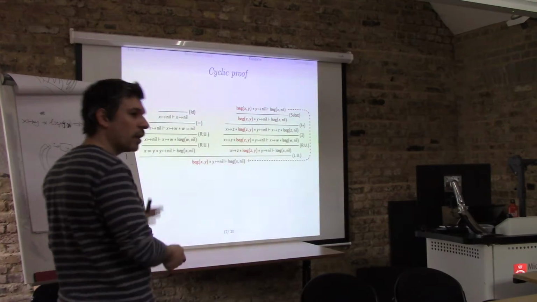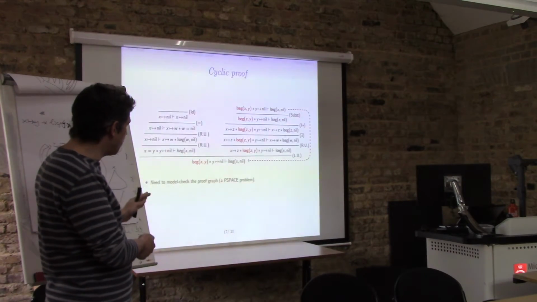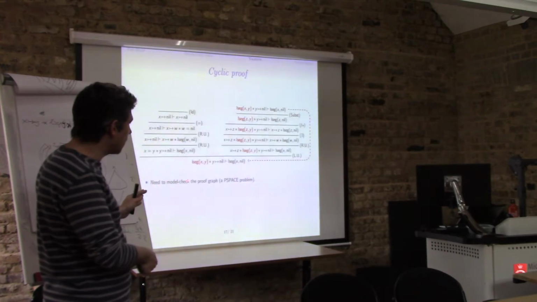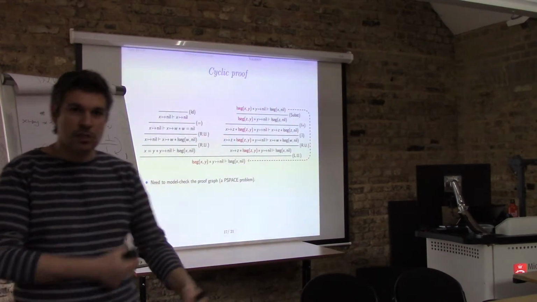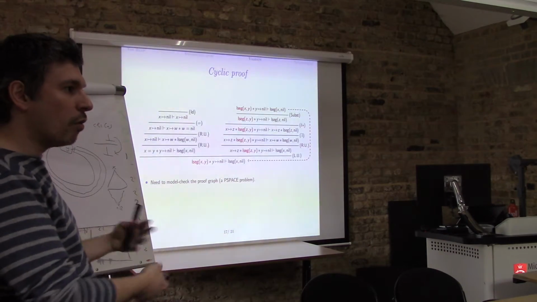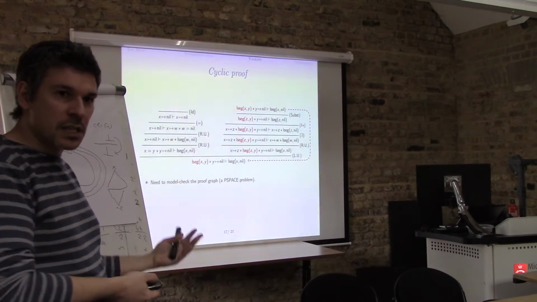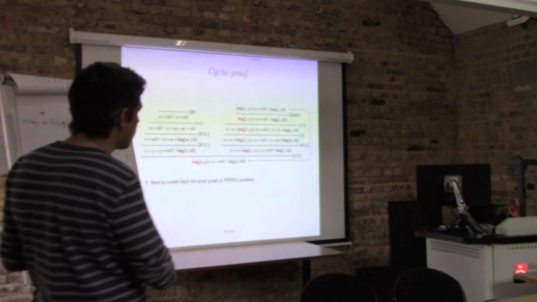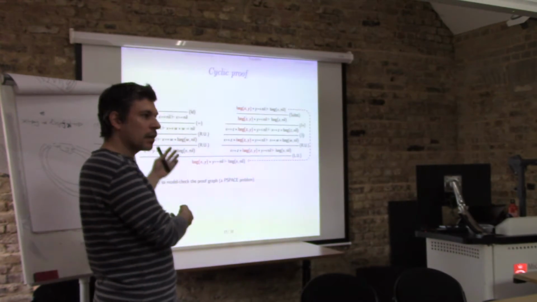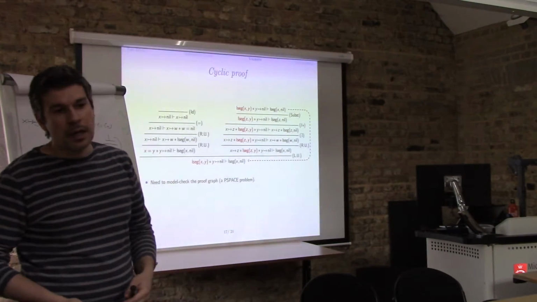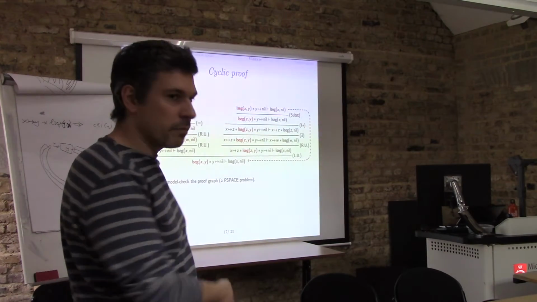Okay? I don't want to dwell too much on this. The model checking is an extra process, showing that these traces exist, showing that these weaknesses of soundness exist. It has to happen on this object, this cyclic proof, and it is a PSPACE-complete problem, no less, right?